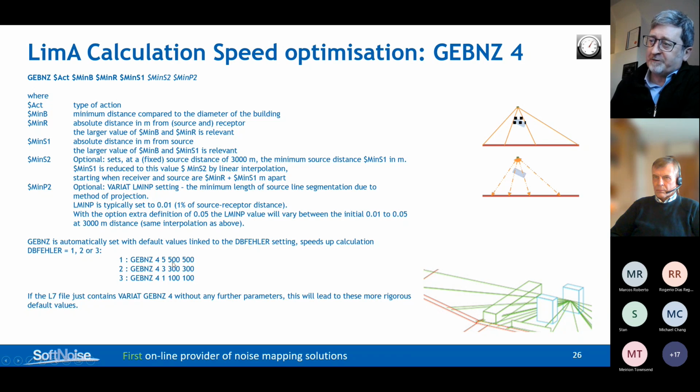Well, it's only 5, 500, and 500. I'll explain this in the next slide. Number 2 has a slightly different setting, and number 3 has a smaller setting. And if you just have a GBNZ4 in your LimA 7 calculation file, then you have more rigorous default values.